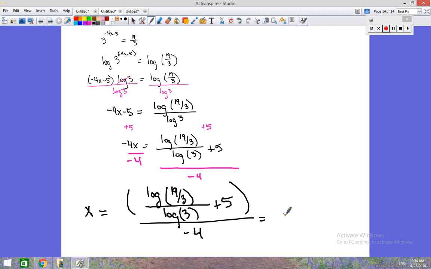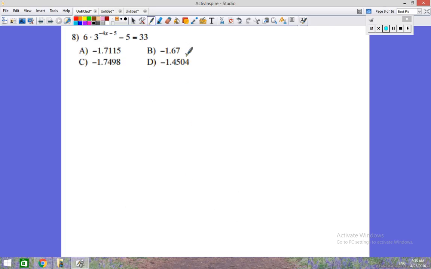Being cautious with our parentheses. If I have not made any silly mistakes, I have -1.6700. And you can put the 0, 0 there. We have choice B as our answer.